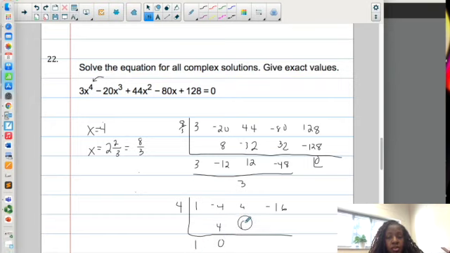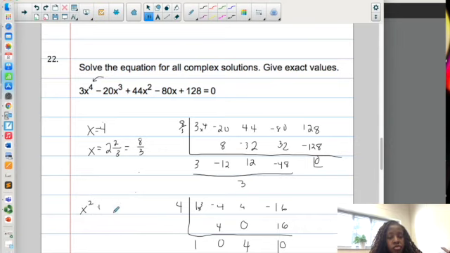We get a 0, we bring down a 4, and we get a 16, and then we get a 0. All right, so we started out with x to the 4th. This became x to the 3rd, which I divided by 3, and it's still x to the 3rd here. So these numbers right here represent x squared plus 4.